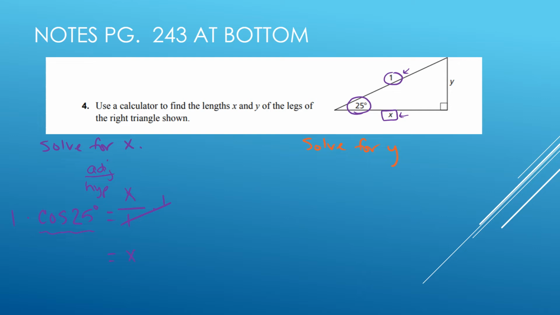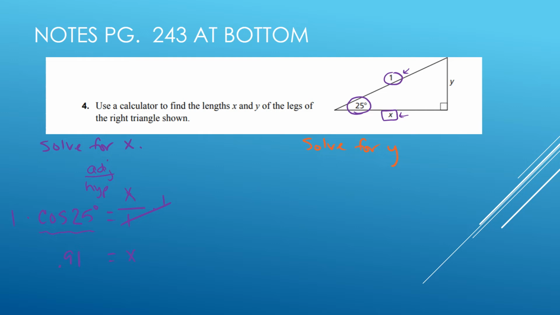We'll just do 2 decimal places for now, so it would be 0.91, and when I multiply that by 1, I just get 0.91 again. That's how we're going to be using this in word problems and things like that, where we're given one angle and one side.